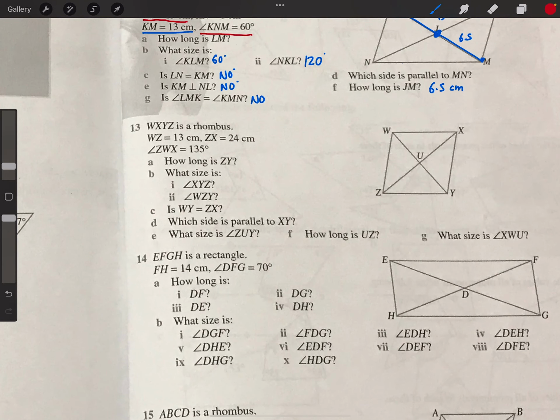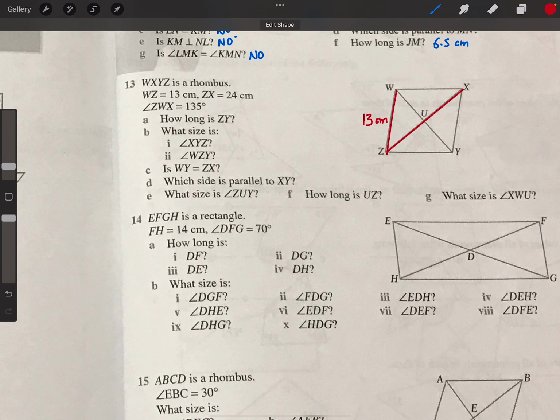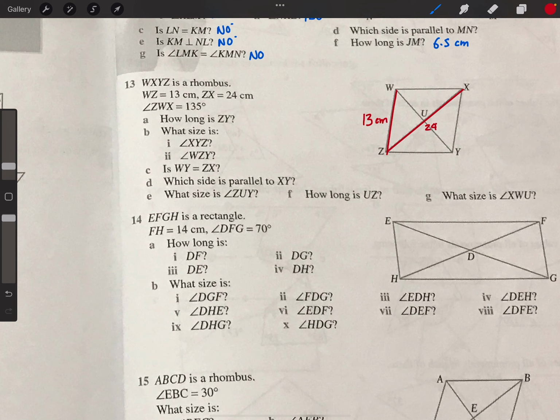Next one, WXYZ is a rhombus. WZ is 13 centimeters. ZX is equal to 24 centimeters.